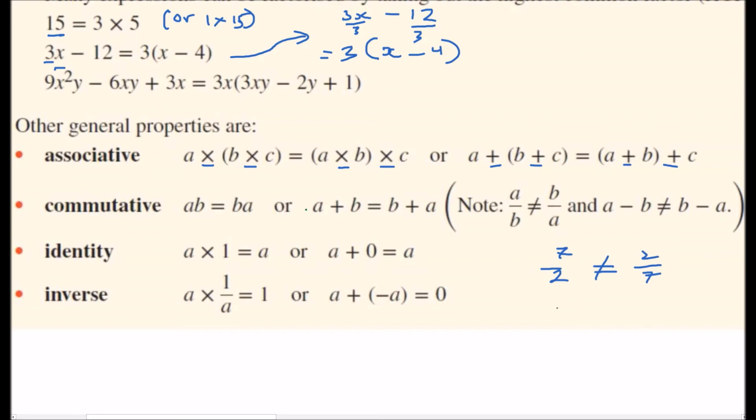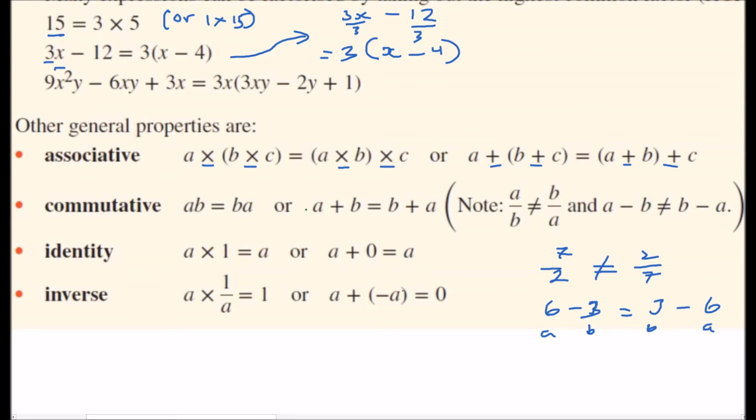Same with, for example, if a was 6 minus 3, let's call that a, and this is b. This does not equal 3 minus 6, because 6 minus 3 is 3, but 3 minus 6 is negative 3.